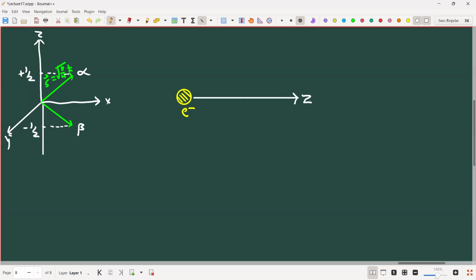And it has some angular momentum. So let's think a little bit about the way that it's spinning. The displacement vector of my electron is along the z-axis, and my angular momentum is in this direction.